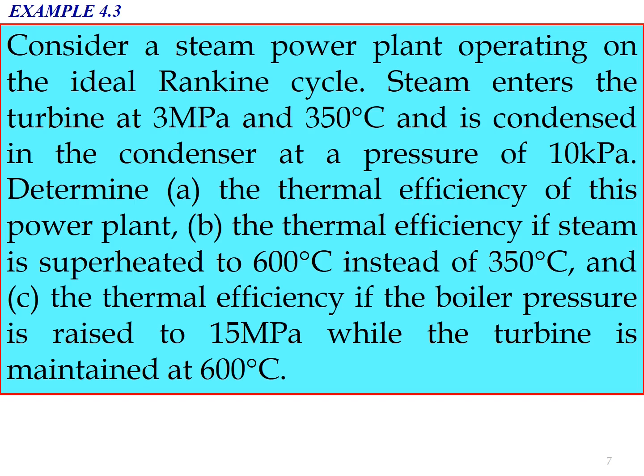And then the pressure of 10 kilopascal is the pressure at the condenser during the heat rejection process, which means, because the pressure is constant during heat rejection for the ideal Rankine cycle, the values of P4 and P1 will be equal to 10 kilopascal. Then you need to determine the thermal efficiency for different cases. So in this question you need to solve 3 cases, or 3 conditions of the Rankine cycle, where you need to determine the thermal efficiency.